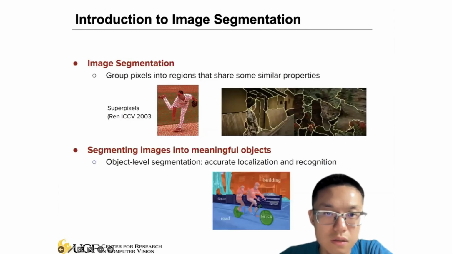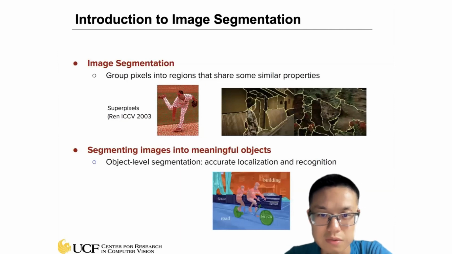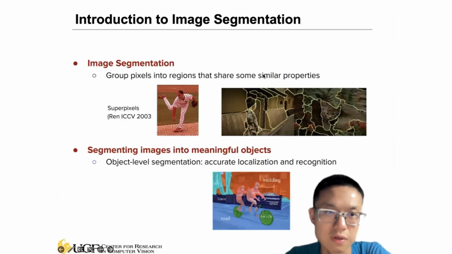Okay. For image segmentation, based on the application needs or your objective, you can view it differently. For example, let's say we have an image and we just want to discover some of the patterns and group pixels into regions that may share similar properties, right?